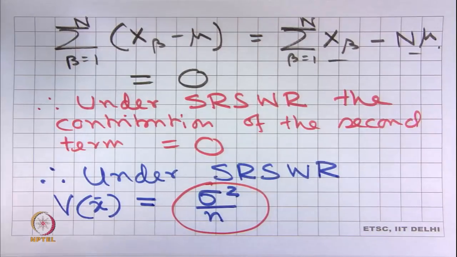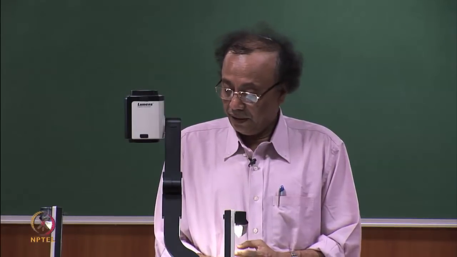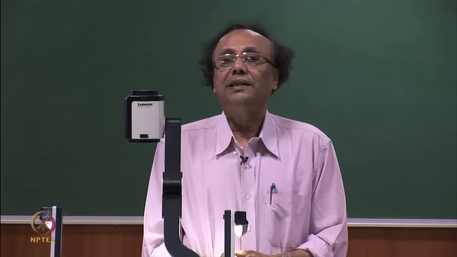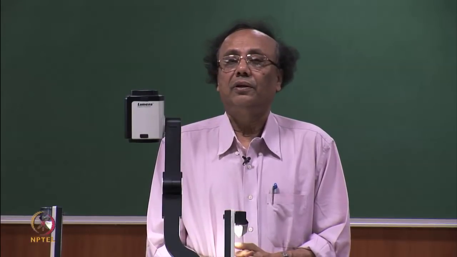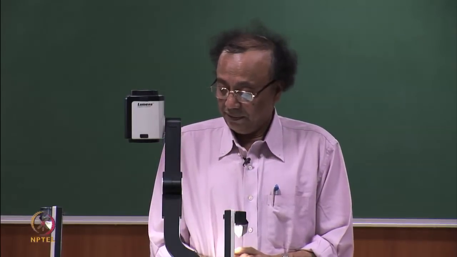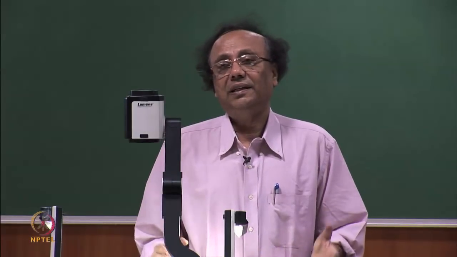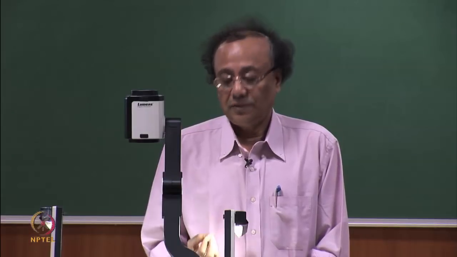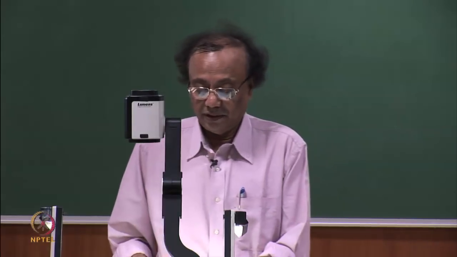So, if we are sampling from the population with replacement, then the sampling variance of x bar is equal to sigma square by n, where n is the sample size. What does it mean? It means that as n increases, the variance of x bar decreases.